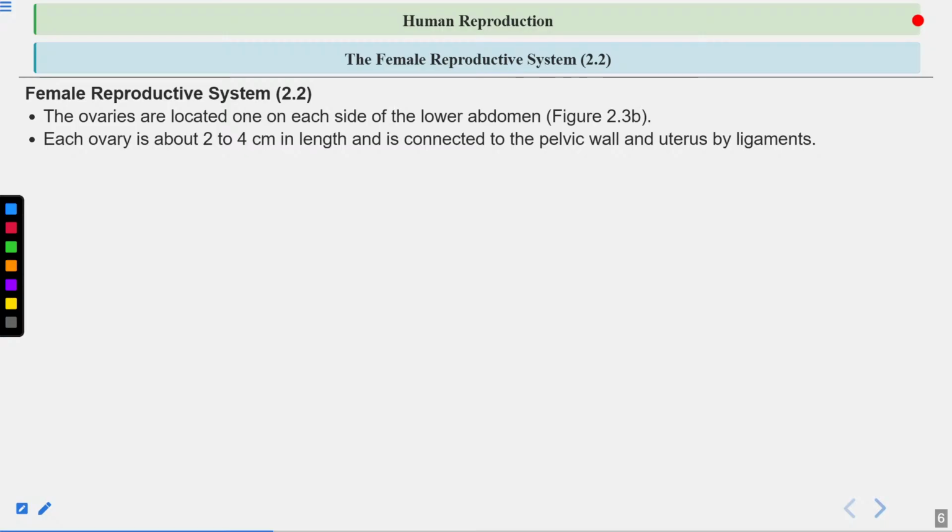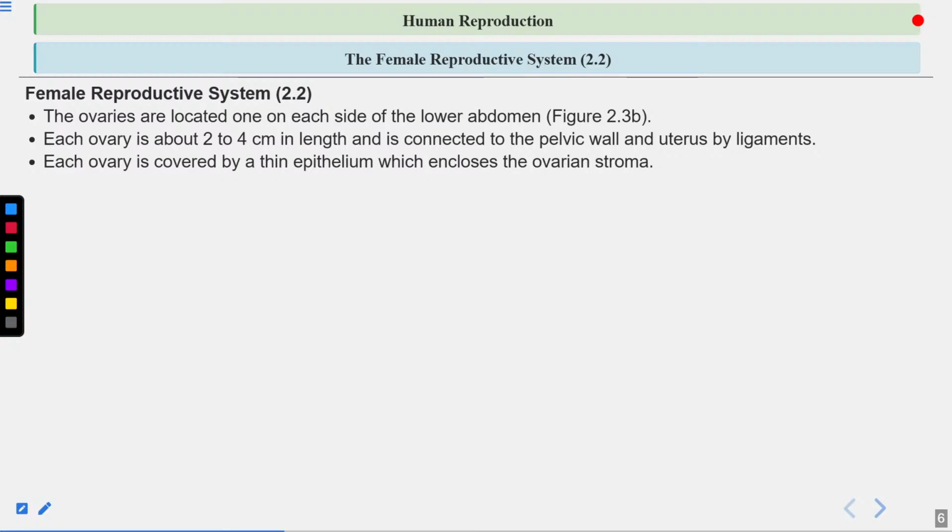So the ovary is about 2 to 4 centimeters in length and is connected to the pelvic wall and uterus by the ligaments. So how are the ovaries connected to the pelvic wall and uterus? It is connected by the ligaments. These ligaments help the ovaries to stay in a particular place.